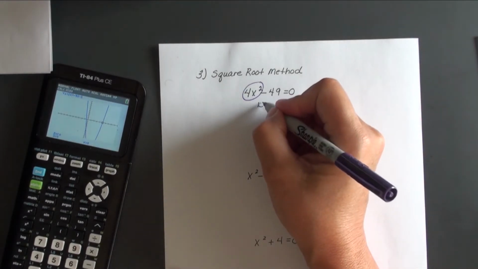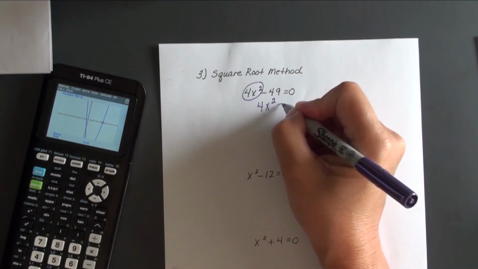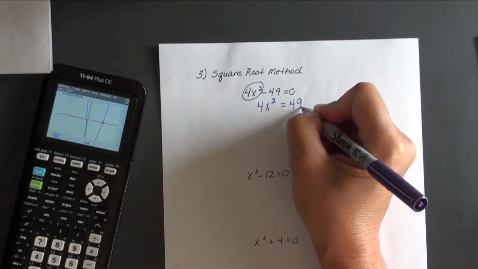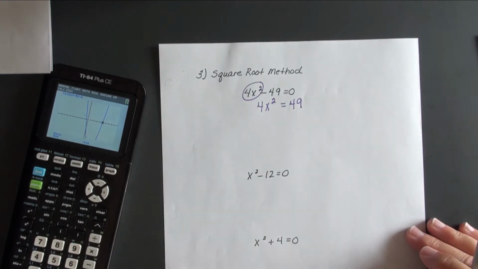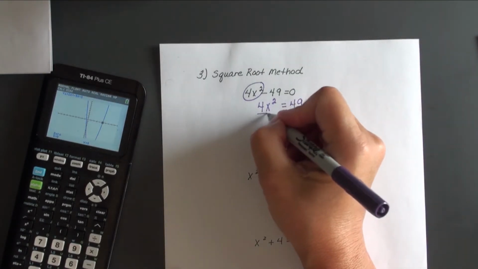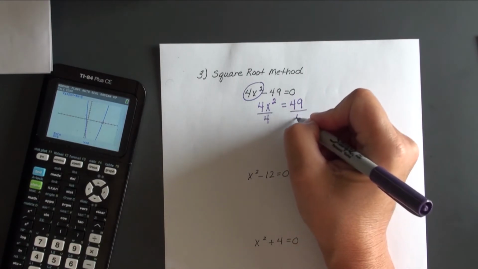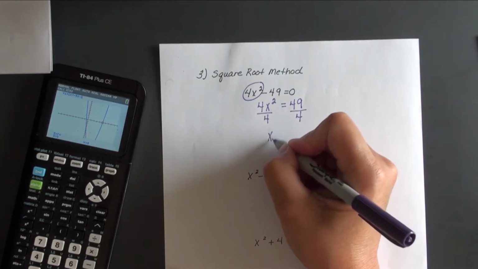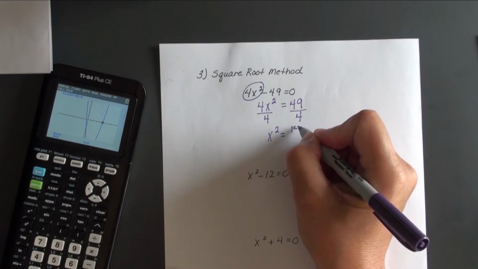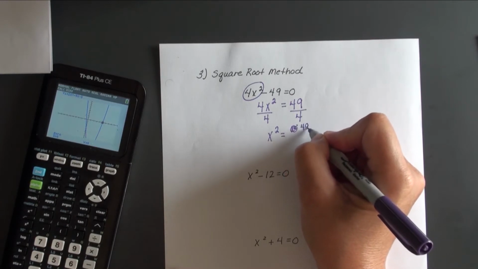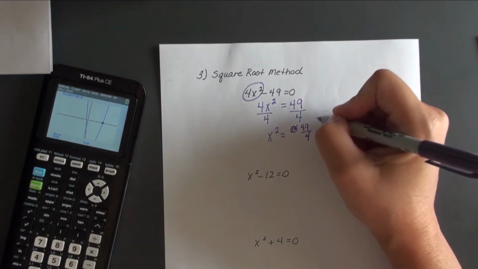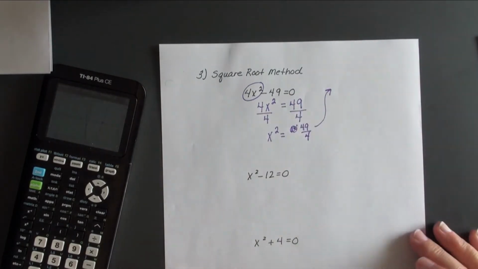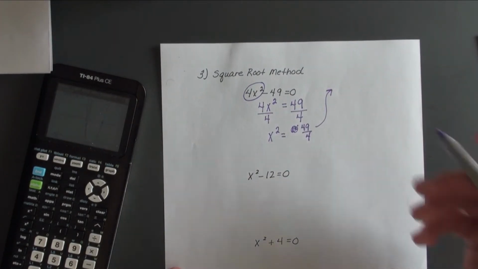So in the first step, I'm going to add 49 to both sides. Now I'm going to divide by 4. So x squared equals 49 over 4. And now I take the square root of both sides.